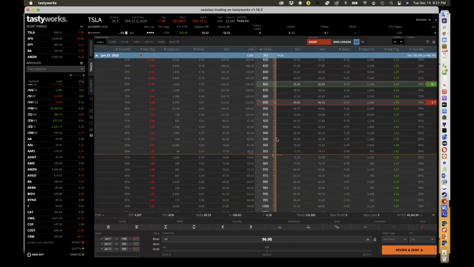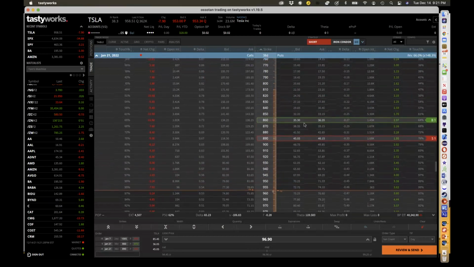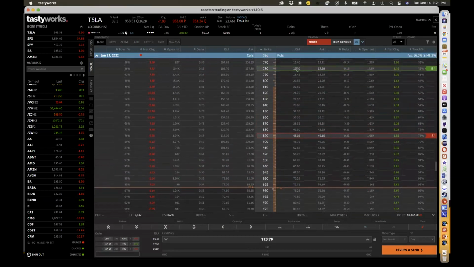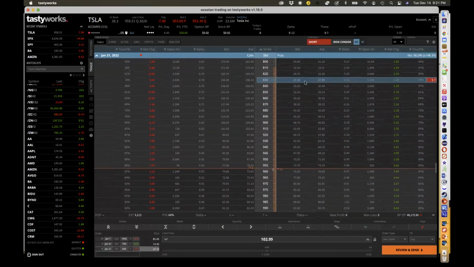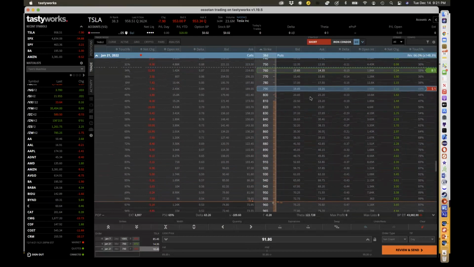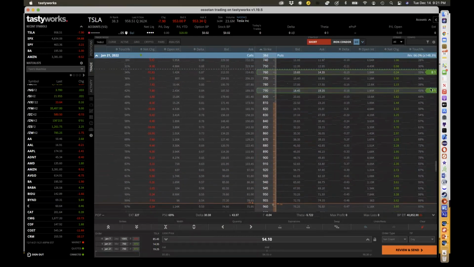So this is good for, like I said, if I know for a fact that Tesla is going to go up, but I'm being cautious, I'll sell at this price here, somewhere around here, and collect almost 9 grand, and then wait slowly. But should Tesla come down to my strike price, that's a problem. We'll talk about how you defend against that in a second.